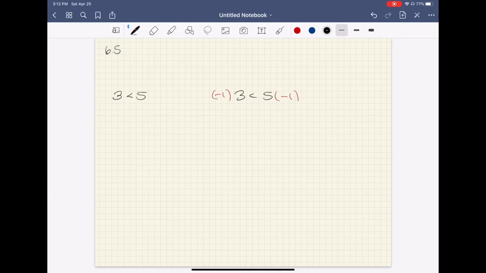If we do that, then -1 times 3 will become -3, and 5 times -1 becomes -5. Which one is bigger? If you're not sure, let's use a number line. So 0, 1, 2, 3, 4, 5, -1, -2, -3, -4, -5.